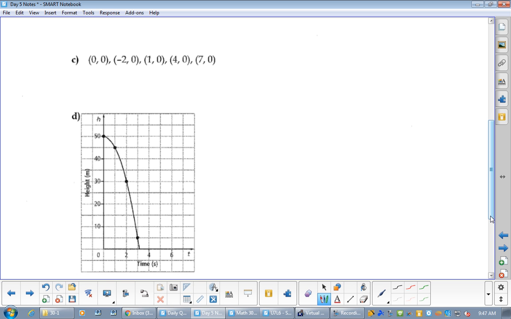Okay, the points are 0, 0; negative 2, 0; 1, 0; 4, 0; 7, 0.